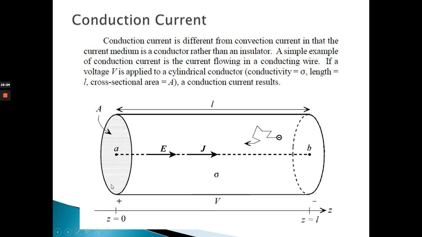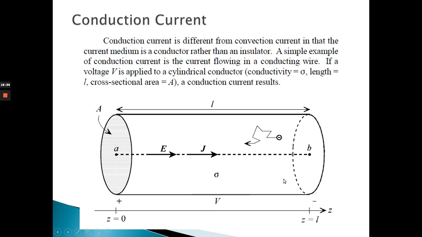Based on the cross-sectional area A, the current can be measured. So we need the length, we need the area, and then there is one term called the conductivity, sigma. These things need to be calculated.